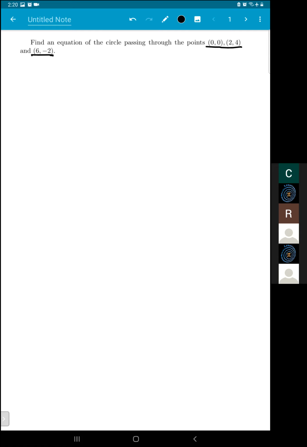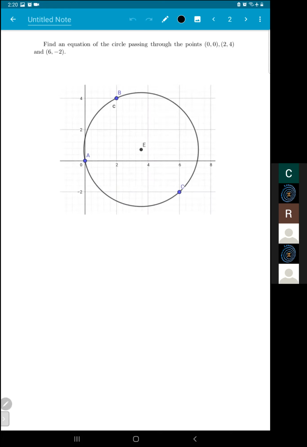Of course, you may want to plot the points first to see how they are located relative to each other. And I put that here. Those are the points 0, 0, 2, 4, and 6, negative 2.